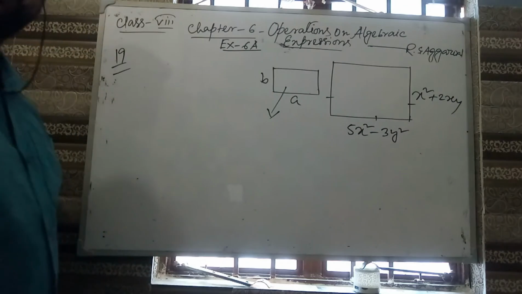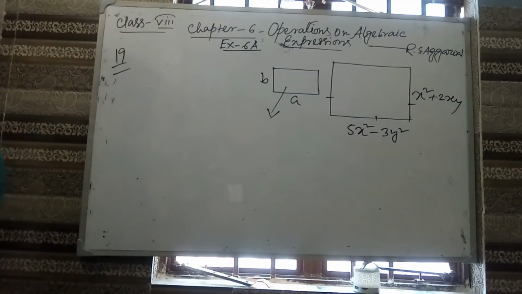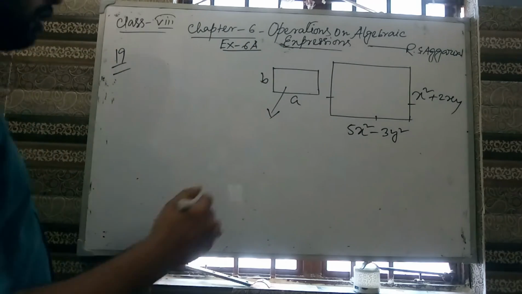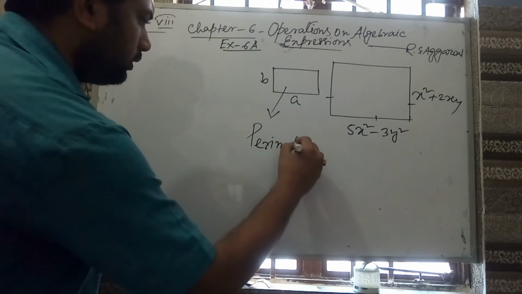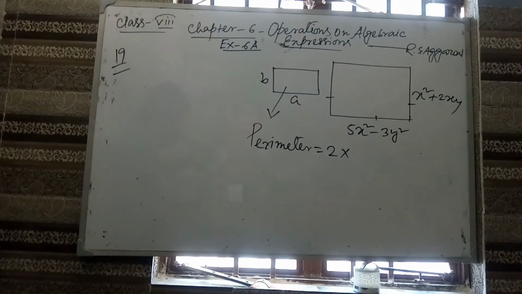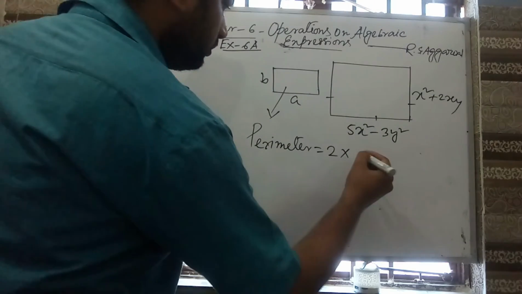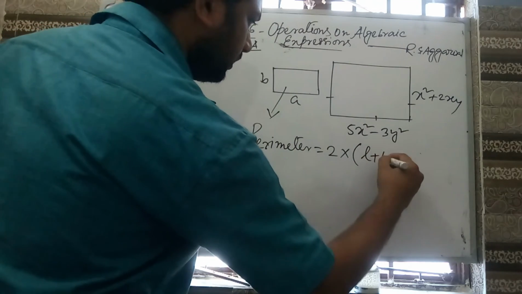This one we can consider as length and this one we can consider as breadth. So what is the formula to find out perimeter? 2 times length plus breadth.